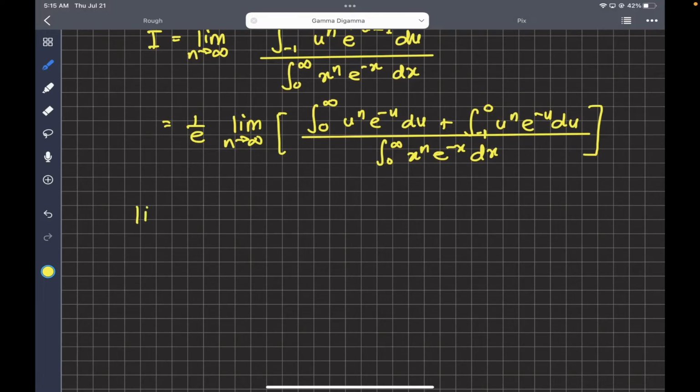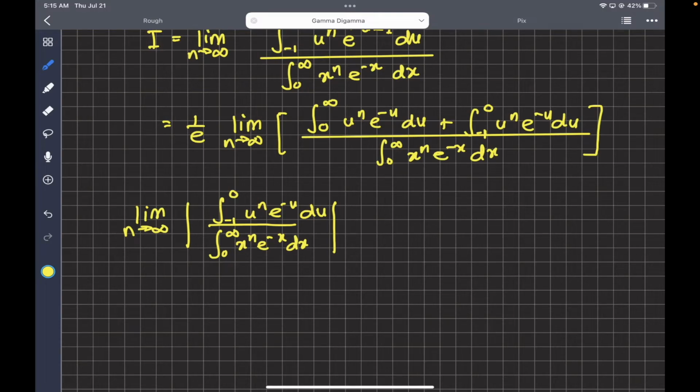So we have limit as n goes to infinity, absolute value of integral minus 1 to 0 u to the n e to the minus u du divided by integral from 0 to infinity x to the n e to the minus x dx.